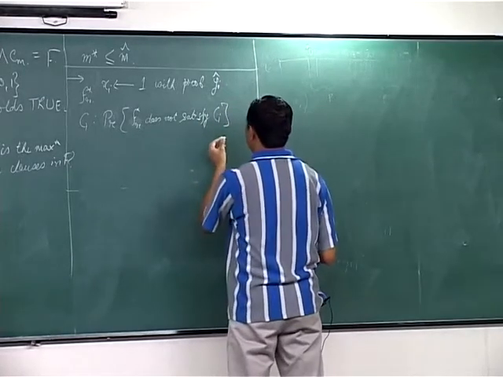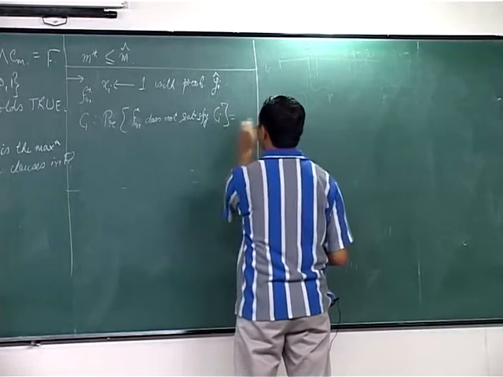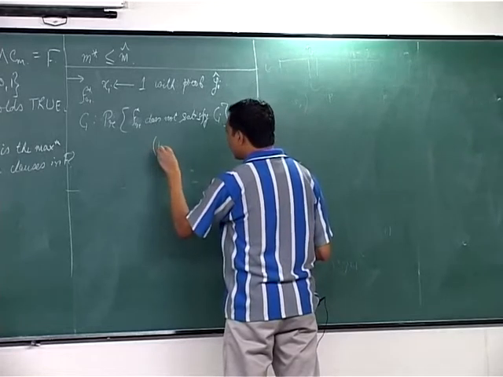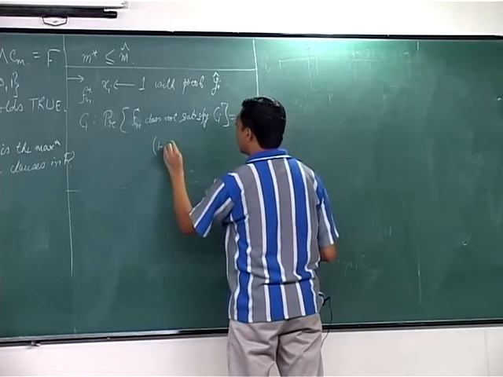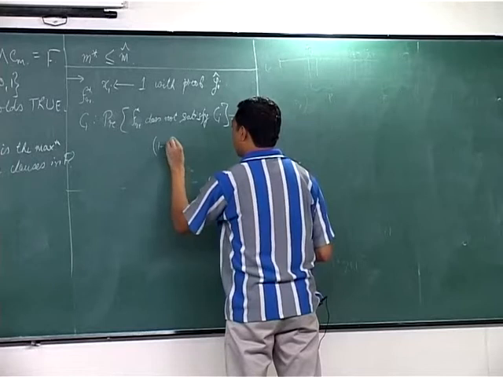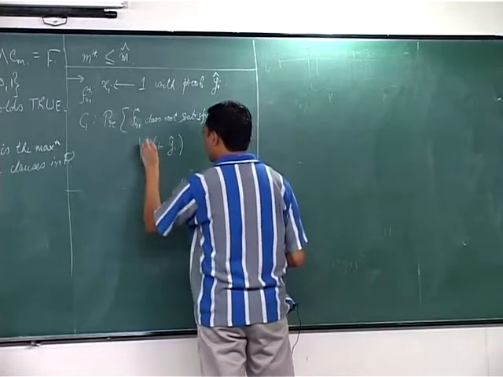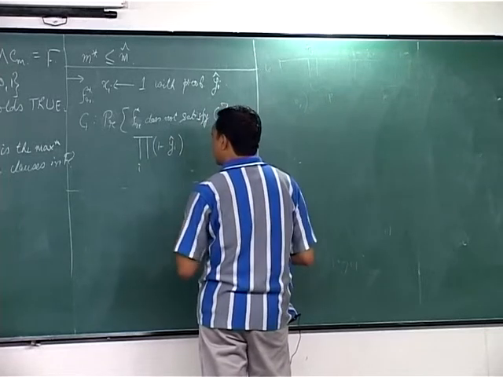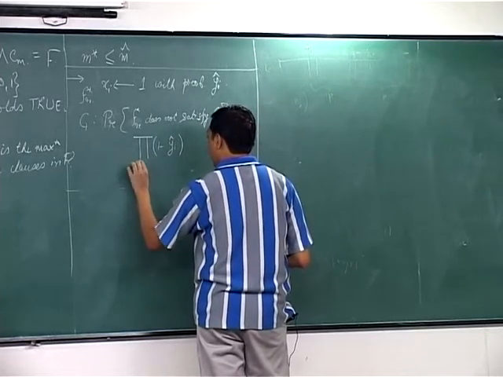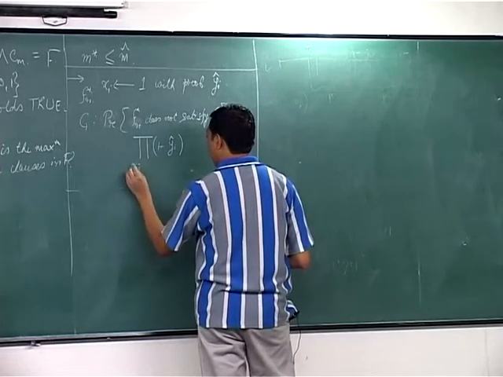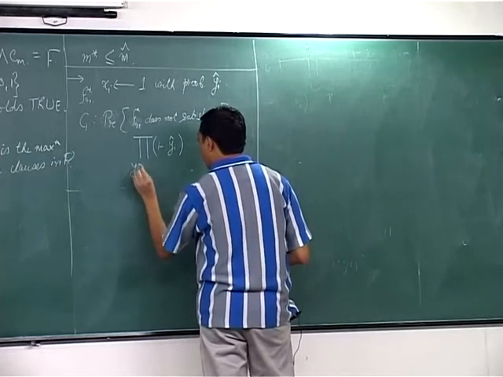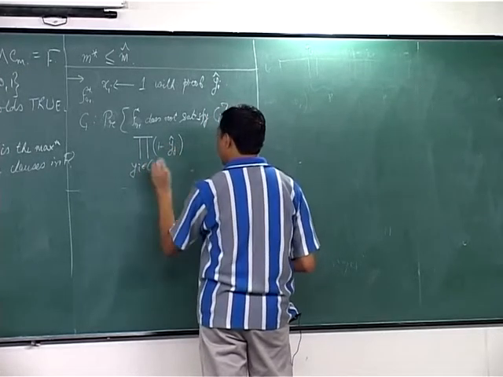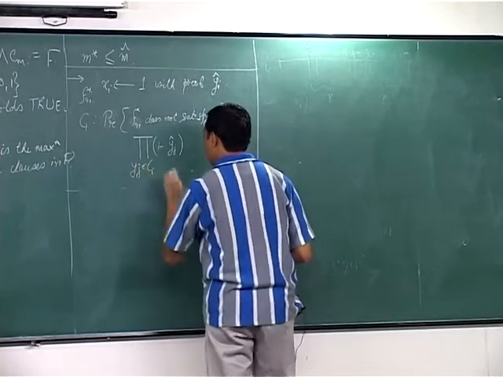Basically everything goes wrong. It's the probability over all yj in Ci, the product of one minus yj hat.